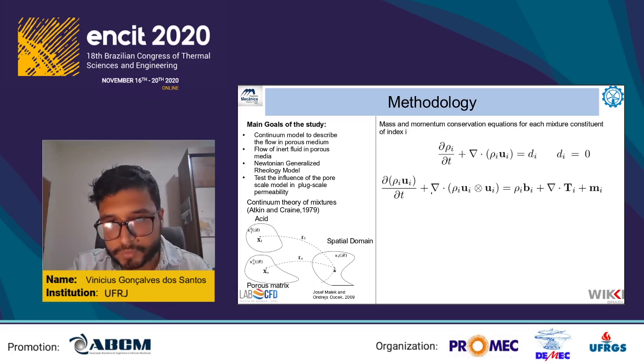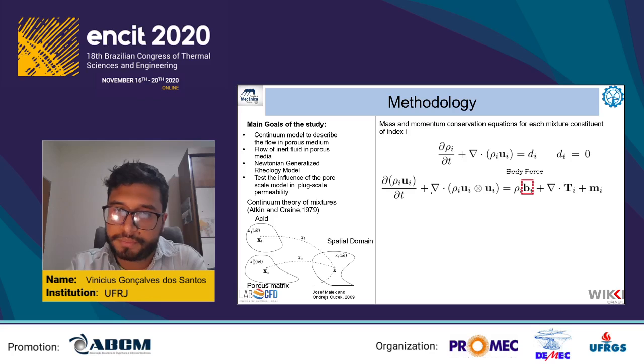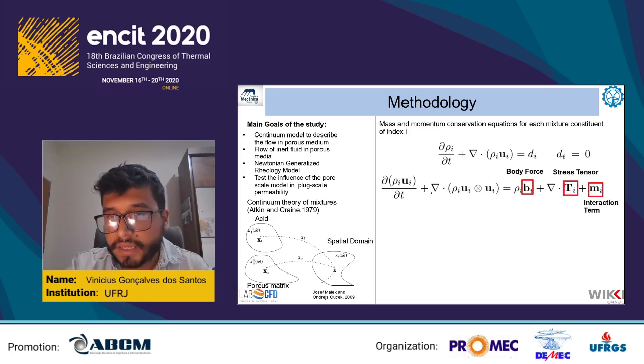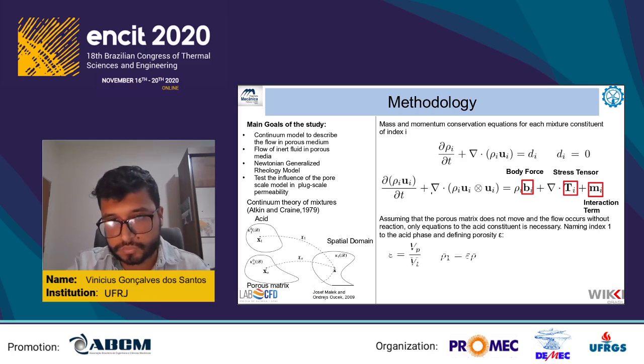Here we have the momentum conservation equations, where Bi is a body force, like gravity, and Ti is a stress tensor. Mi is the interaction term between the two phases, in our case, the acid phase and the porous matrix phase. The porosity is defined as the ratio between the volume of pores and the total volume.